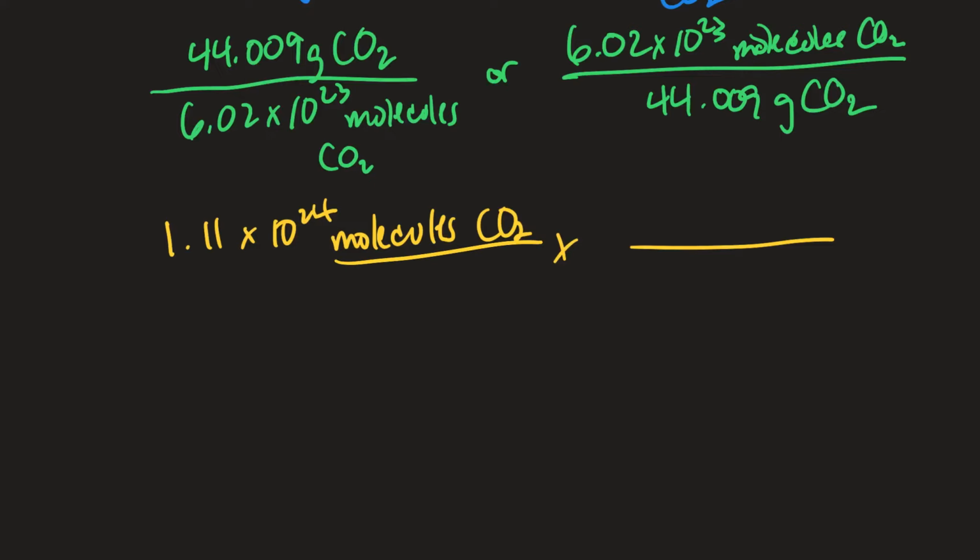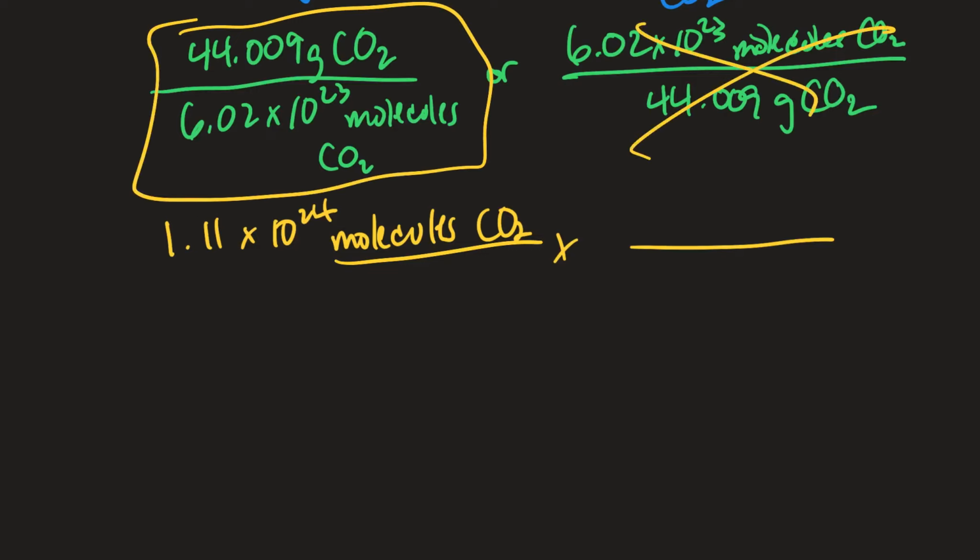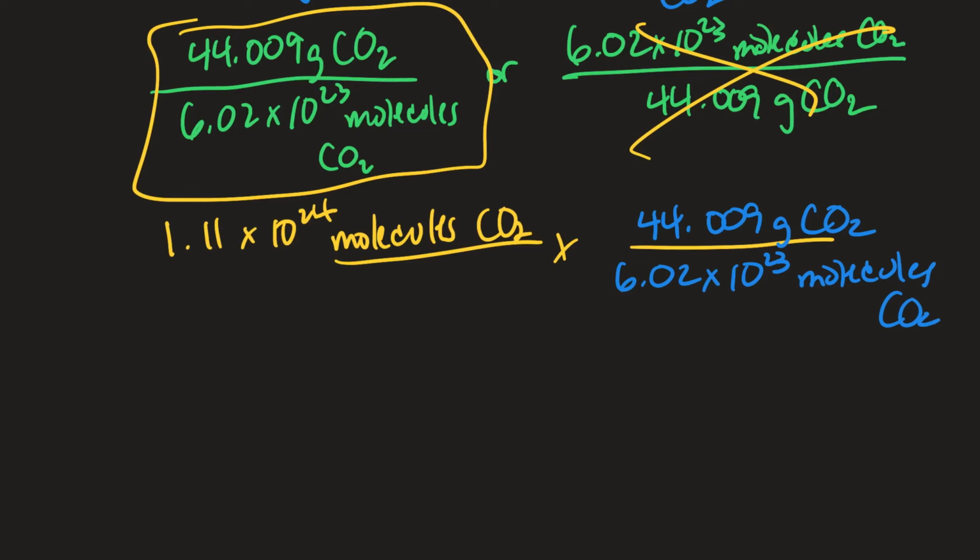We need to cancel that out. So whatever conversion factor has this on the bottom is the one that we use. And hopefully you notice that it's going to be this one and not this one. So we're going to write this out: 44.009 grams of CO2 over 6.02 times 10 to the 23rd molecules of CO2.